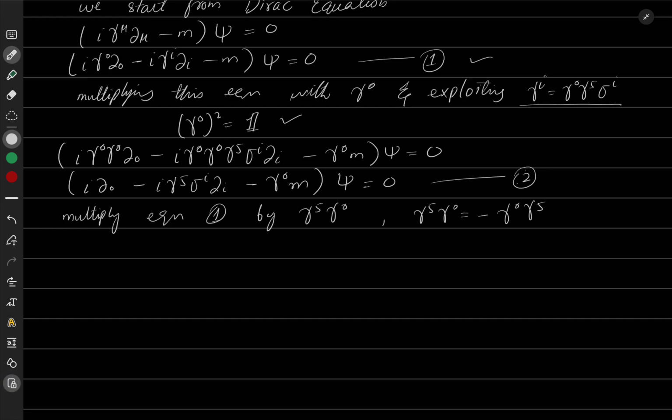So we have iγ^0 and γ^5 γ^0, which I have multiplied, minus iγ^5 γ^0 γ^i ∂_i, minus γ^5 γ^0 m, everything multiplying ψ, equal to 0.